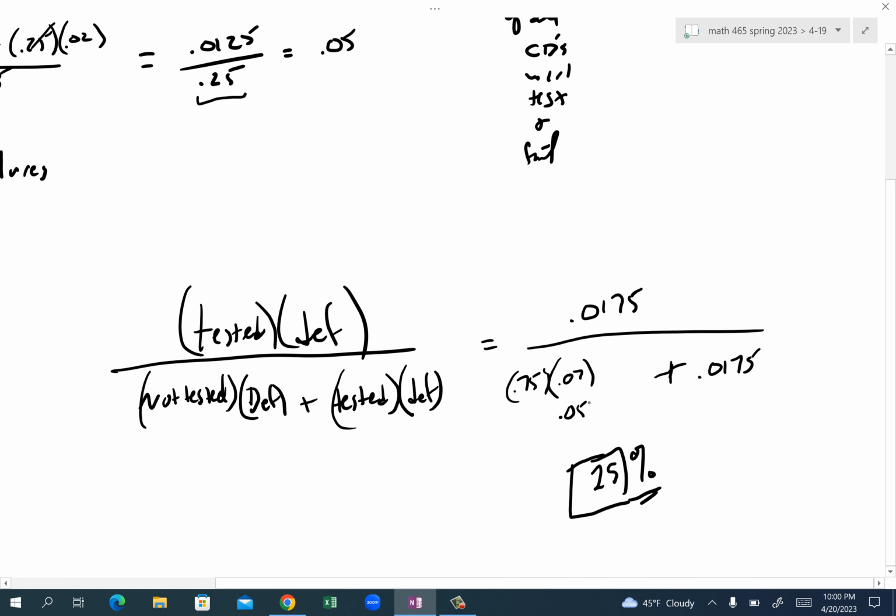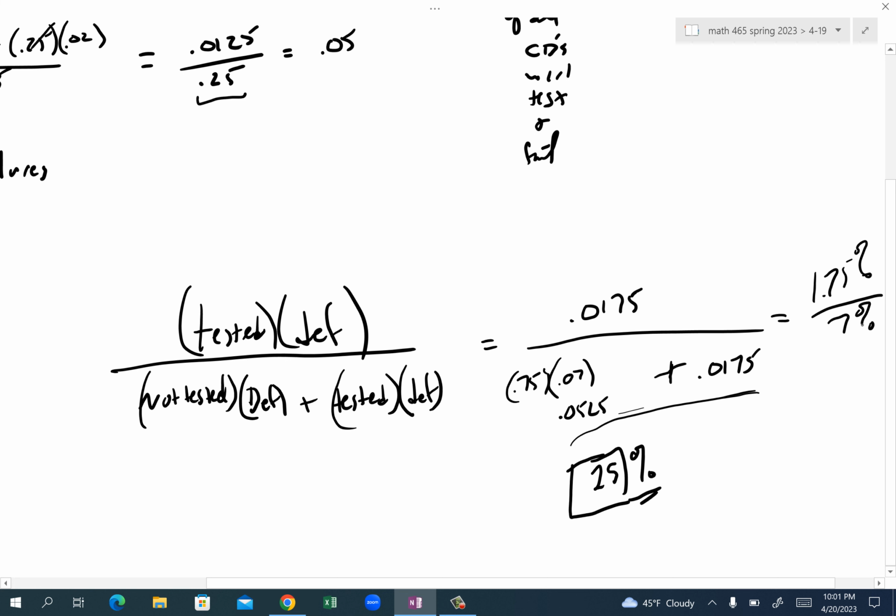In other words, 5.25% of all CDs were not tested and yet will be defective. So that means there's a grand total of exactly 7%. 1.75% on top, 7% on the bottom. And that's 1/4 of all of the defective CDs will have been tested.